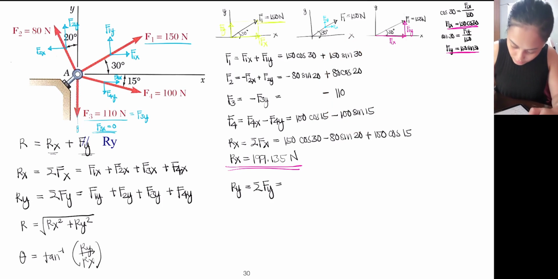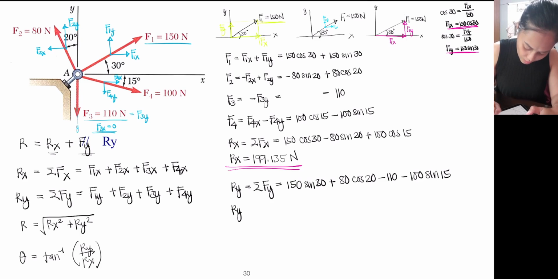Along y, we have F1y, 150 sine of 30 degrees, plus 80 cosine of 20 degrees, minus 110 newtons, minus 100 sine of 15 degrees.